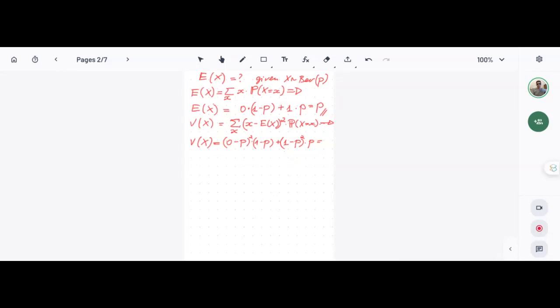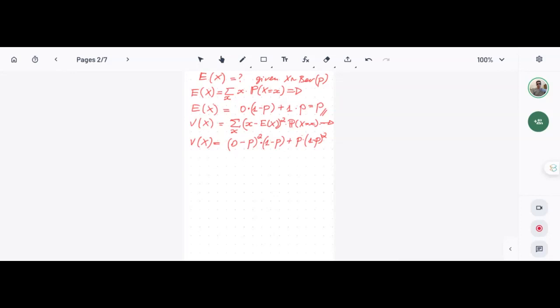Let me rewrite it. So the first value is 0. 0 minus the expectation of X gives you p squared times 1 minus p, then plus p times 1 minus p squared. I forgot the square here. That is the reason.